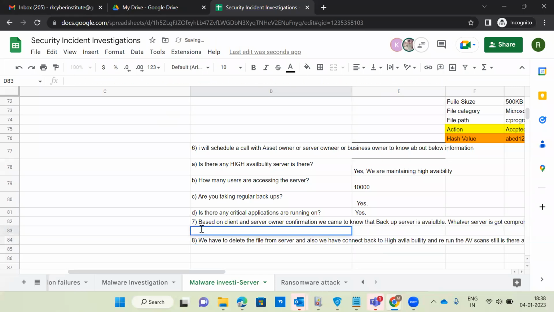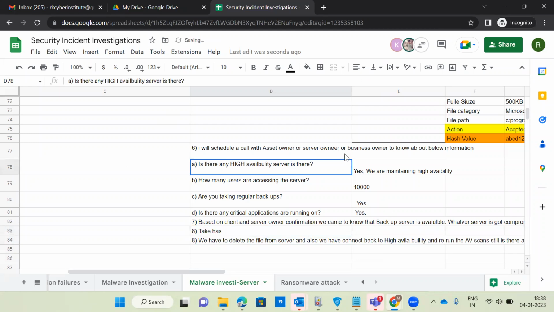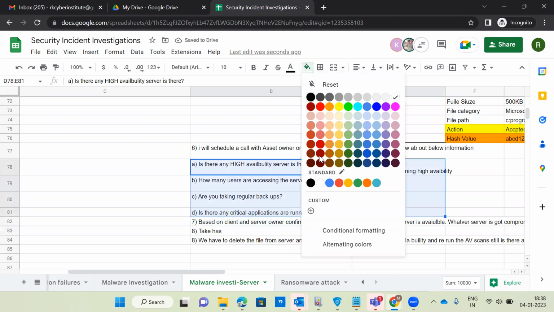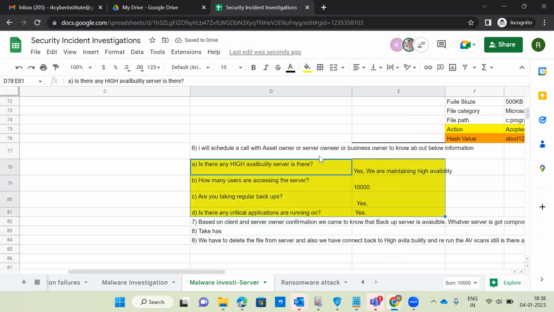Same thing as yesterday. Yesterday we discussed it; only the business impact analysis part is different. Additionally, for the sixth point, these are the questions we have to ask. That is the only difference between yesterday's investigation and today's investigation. Remaining everything is the same. If it is an end user system, we can disconnect directly. If it is a server, we have to contact the server owner.